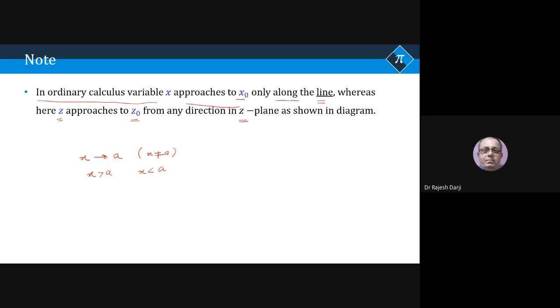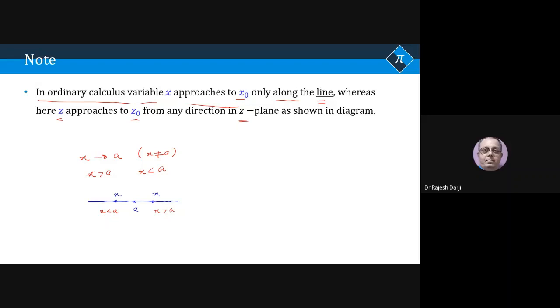Now let us see how exactly it works. Suppose this point is a. Now x is greater than a means x will lie somewhere over here. And another possibility is x is somewhere here. So this is the case when x is less than a, and this is the case when x is greater than a.